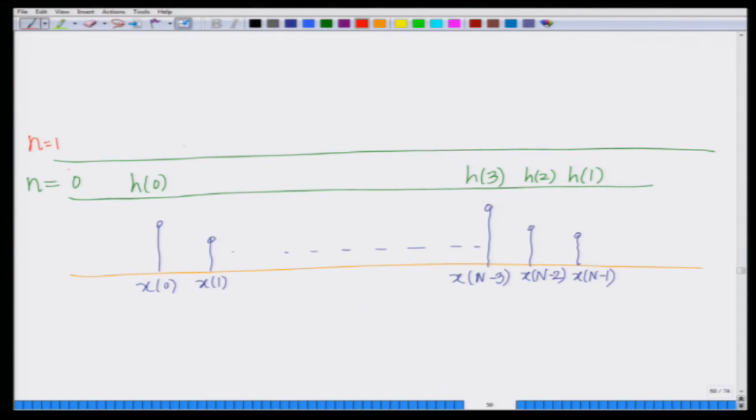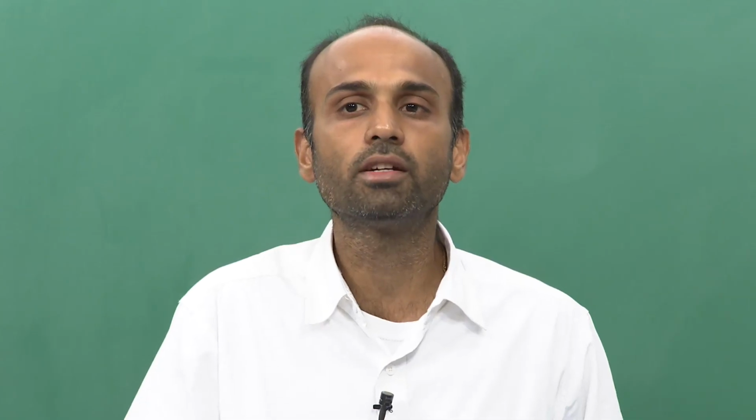We have h of 0 multiplying x of 1, h of 1 multiplying x of 0 plus h of 2 multiplying x of n minus 1, h of 3 multiplying x of n minus 2, h of 4 multiplying x of n minus 3. So, what you can see is the coefficients of the channel are moving in a circular fashion over the transmitted symbols, right.